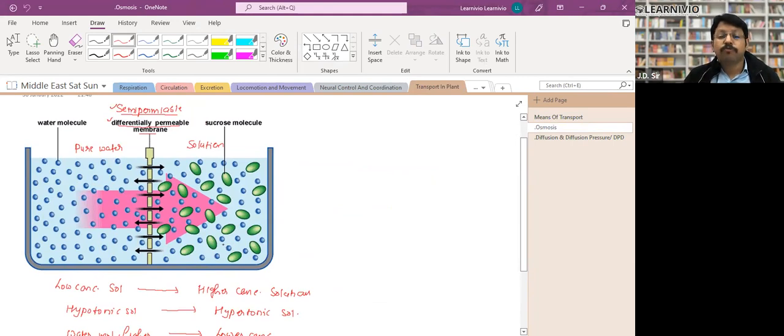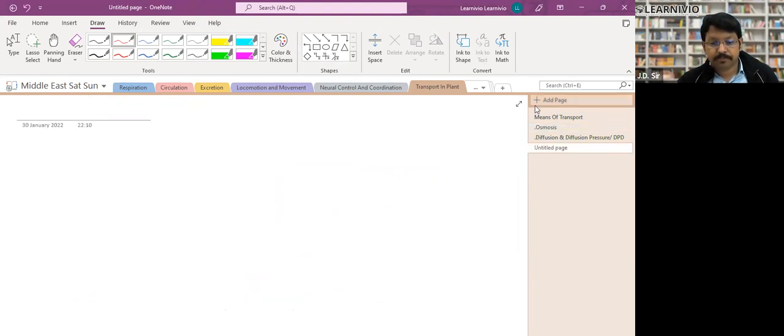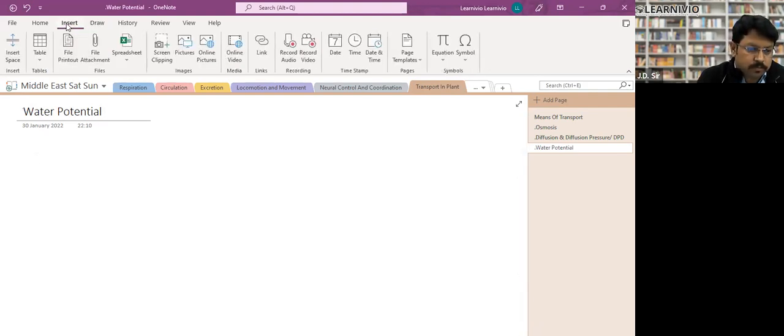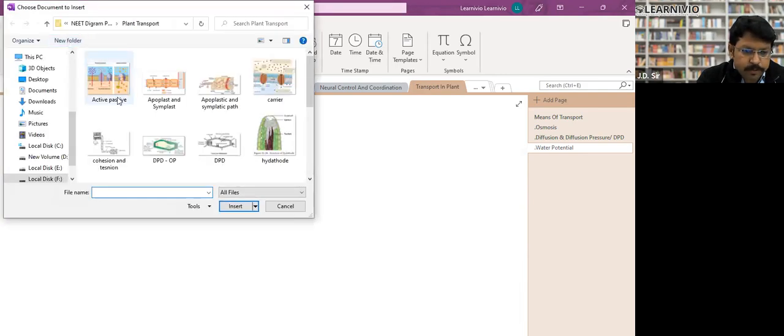Nowadays, we are talking about water potential. Now, what is water potential?